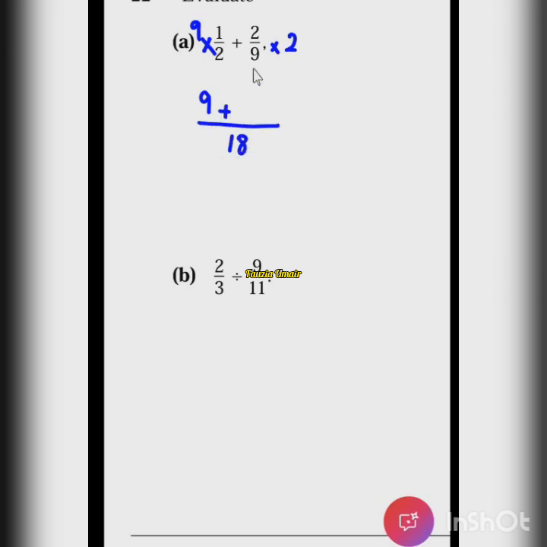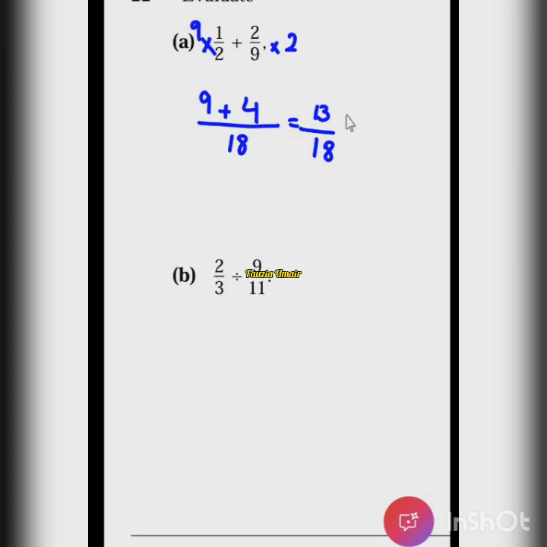It's a 1 mark question in the paper, so the examiner will not check the solution. You need to only solve the question. So this is 13 by 18. I told you guys yesterday also, if the fraction is an improper fraction, then you need to convert it into a mixed number.